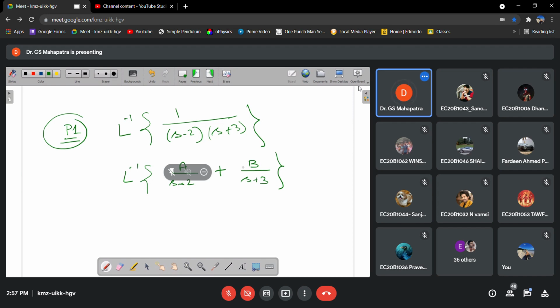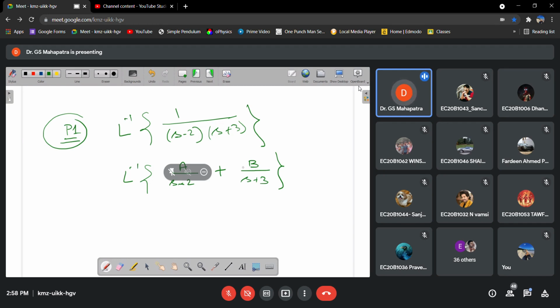So what have we done actually? What is this step? The given function you have to write in terms of partial fraction. And what type of partial fraction? The standard Laplace transform of 1 by (s minus a), where a is some constant, is known.